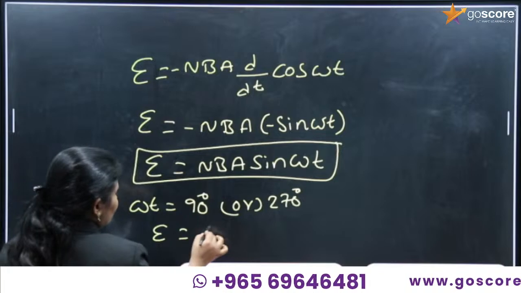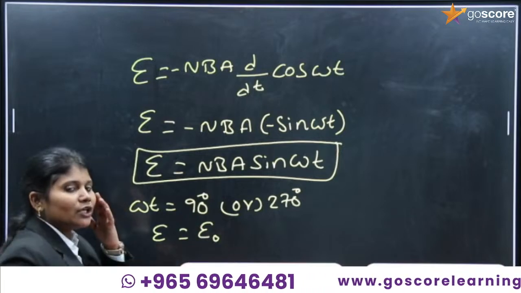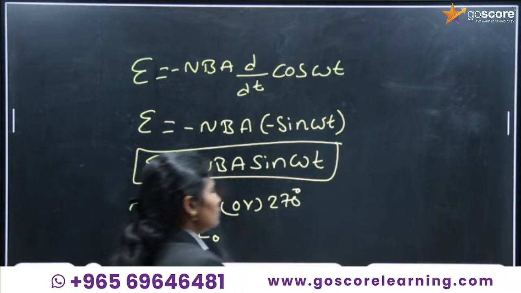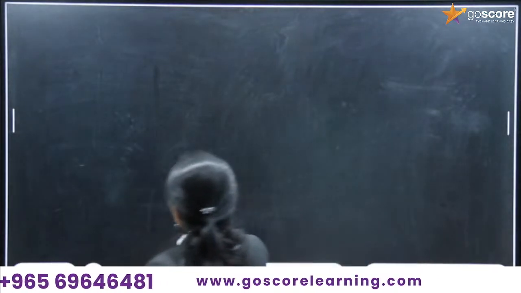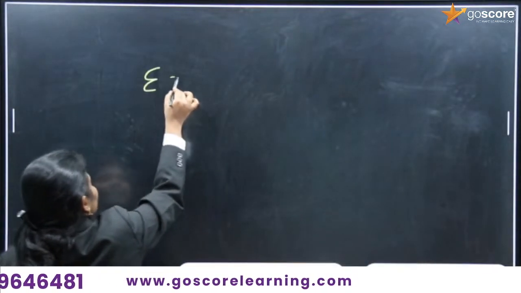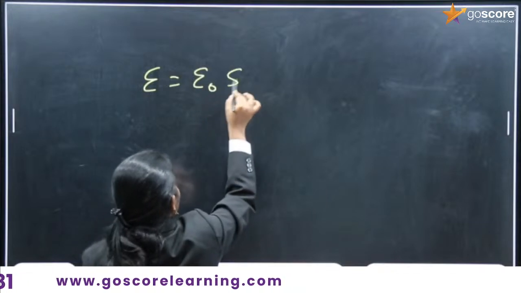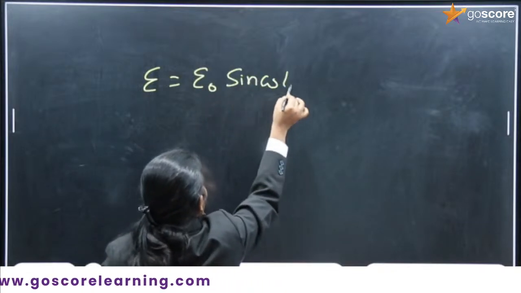E is equal to E naught, where E naught is the maximum value. Then E is equal to E naught sin omega t.